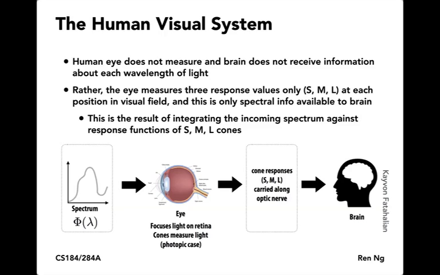That's the result mathematically of integrating the incoming spectrum against the three response functions of the S, M, and L cone cells. So we have a spectrum, could be a very complicated function, that goes into the eye, and at any one particular location where that spectrum appears, it projects onto SML, and the brain for that spectral power distribution receives three numbers only. And that's the information from which it will make a color judgment.